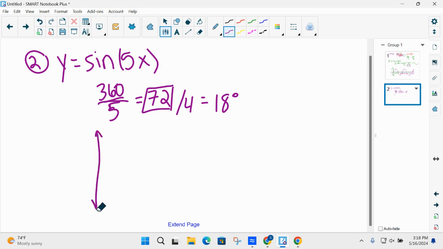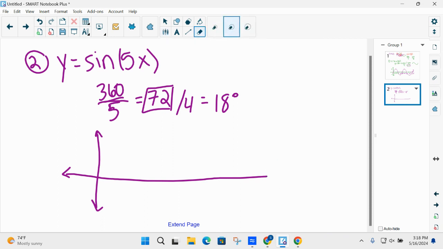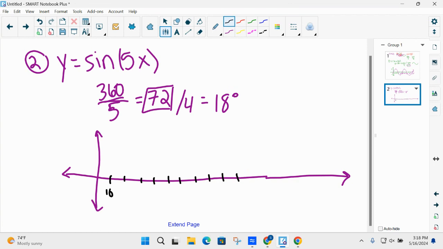So let's set up our x and y axis. The way I did it on mine is I went in increments of 10 because that just made more sense to me. You could go in increments of 18 if you want. It just seems kind of silly to me to do that. So I'm going in tens. 10, 20, 30, 40, 50, 60, 70, 80, 90, 100.